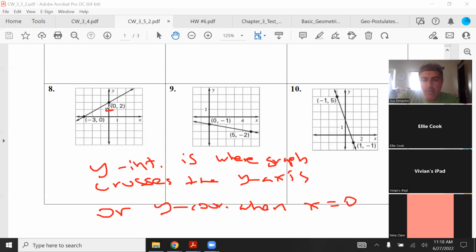Well, clearly x equals 0 right there, and the y-coordinate associated with that is 2. So that's another way of thinking about it as well. It's the y-coordinate of the line when x equals 0, because when we're on the y-axis, x is 0, right?